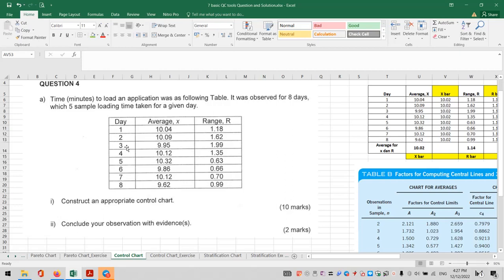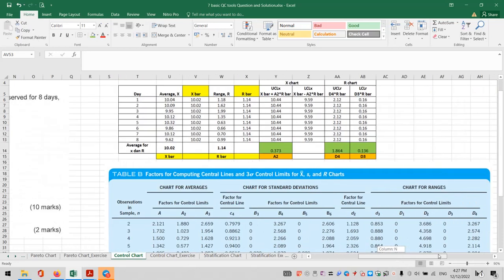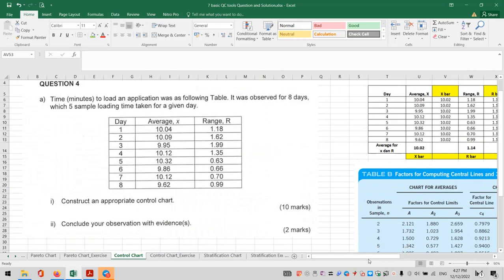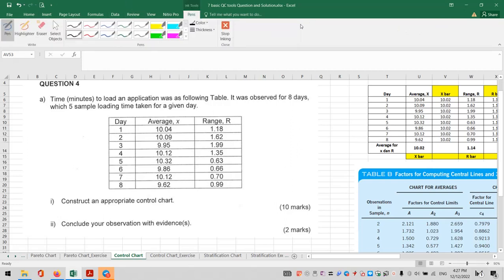Okay. So the number of samples is 5. Let's take a look. Okay. Construct an appropriate control chart. Okay. So here it was observed for 8 days and 5 samples.